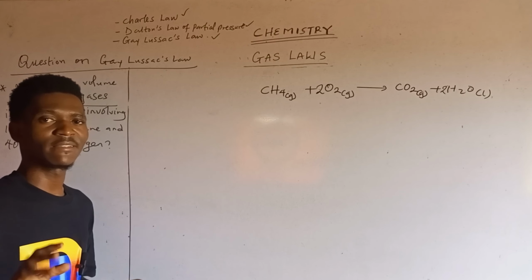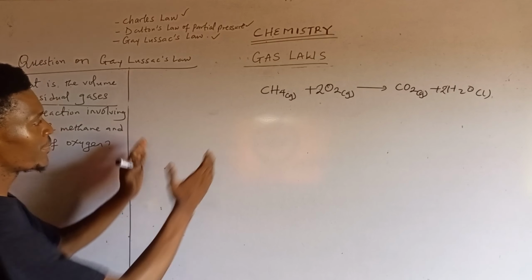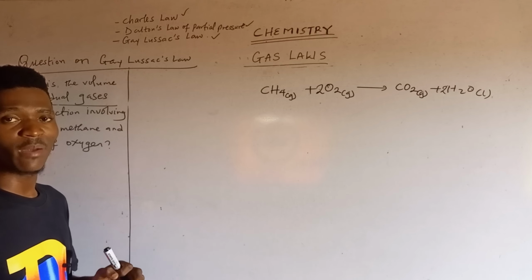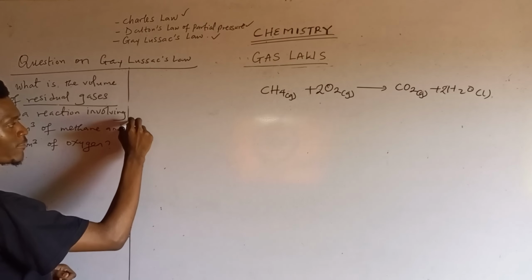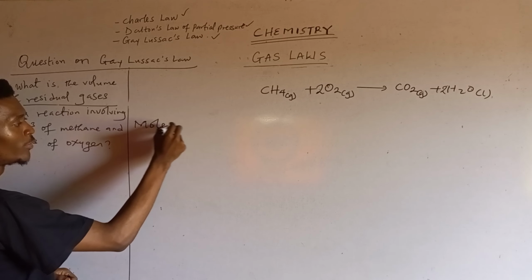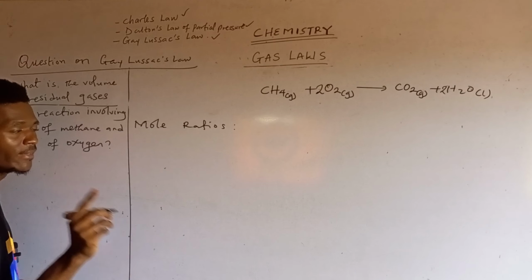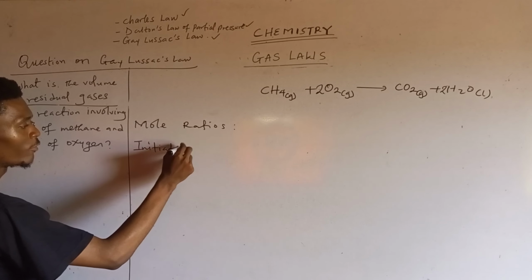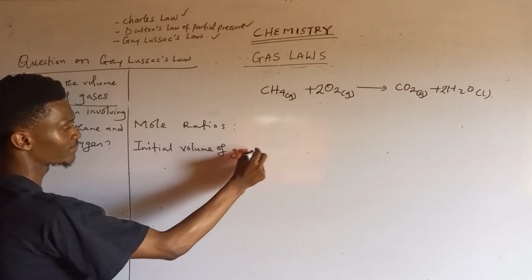All right? So what would make your work very simplified? By bringing out all the necessary parameters that you need to fill in. Look at it. First, you need to know your mole ratios. Then you need to know the initial volumes of gases.